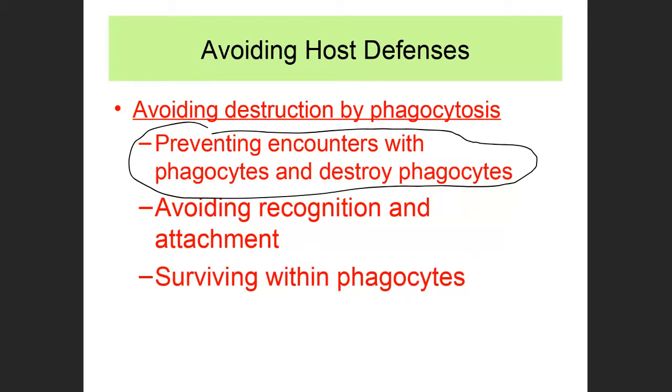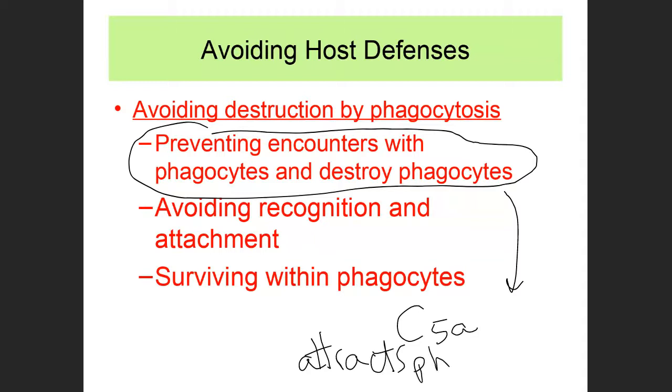And remember that in chapter 14, we said that complement C5a attracted phagocytic cells to the area of infection. Okay, so one strategy is to destroy C5a.